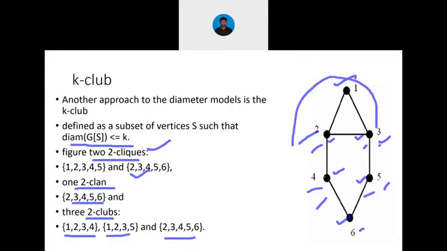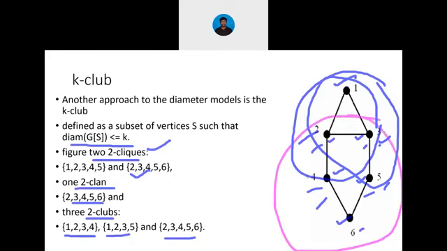So this is another subgraph, which is nothing but a two club, which consists of 1 2 3 4, and another two club is 1 2 3 5, and another two club is 2 3 4 5 6, right?